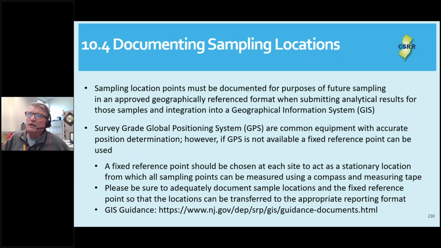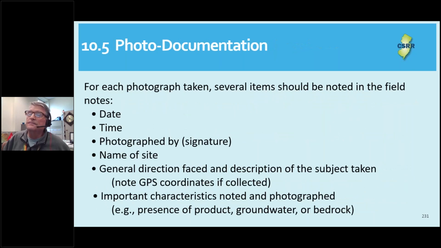If GPS is not available, then you can go old school and select a fixed reference point at a stationary location. Then, using compass readings and a measuring tape, document the direction and distance vector from that point. There are several available geographical information system guidance documents, and this link is provided on the department website that you see at the bottom of the slide. Next slide, please.